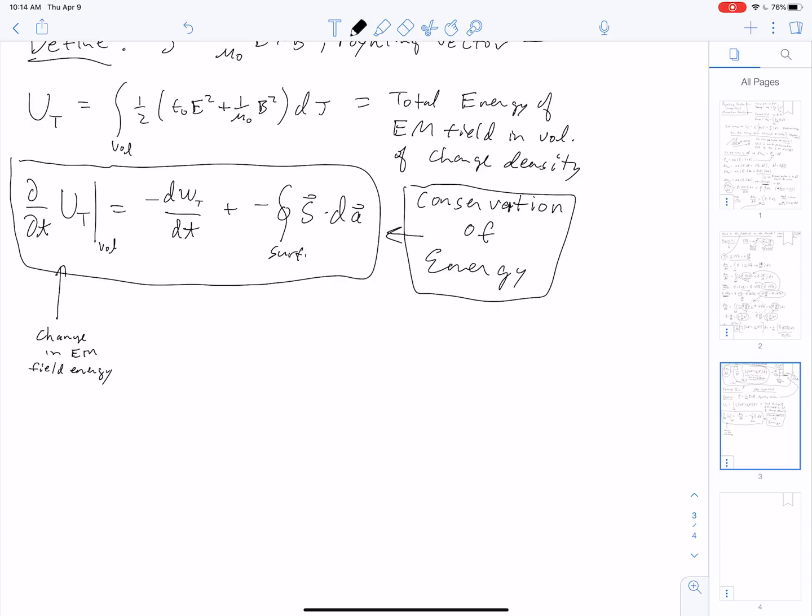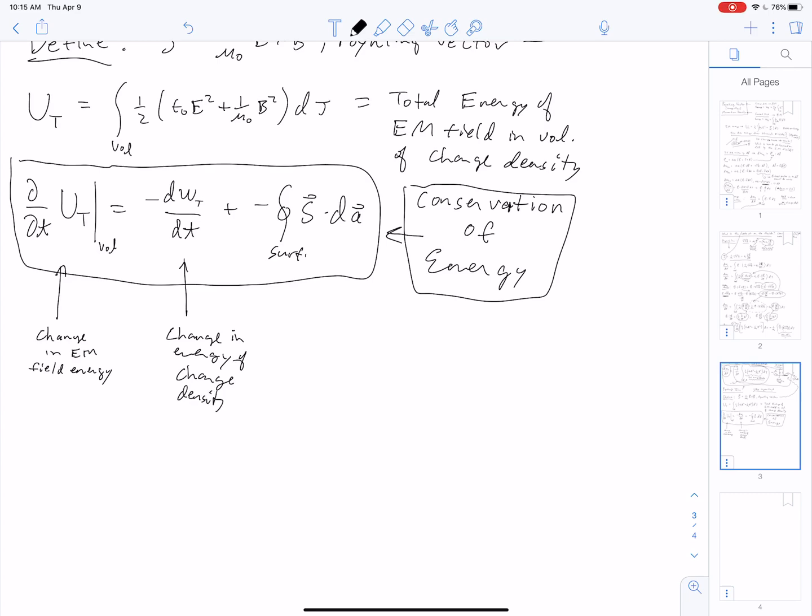So the way to think about it is that if the electromagnetic field energy U is changing, then ask yourself, where is that energy going? Well, that energy has to go somewhere. And so the first place it can go is into the charge density. This is the power, dW dt is just the change in the energy of the charge density.